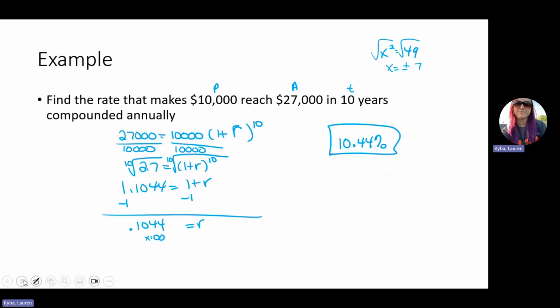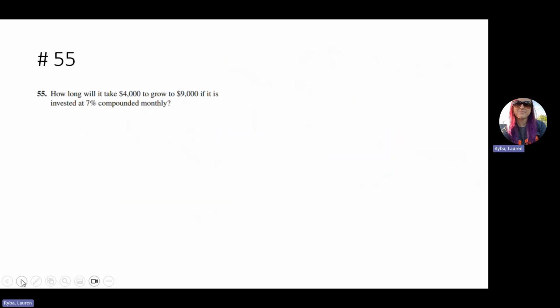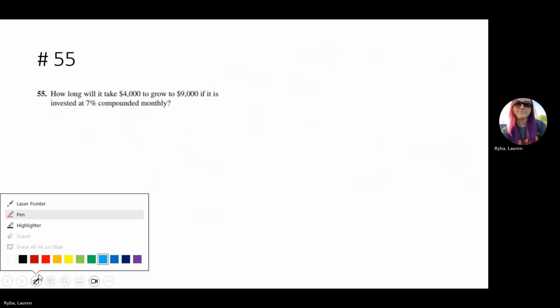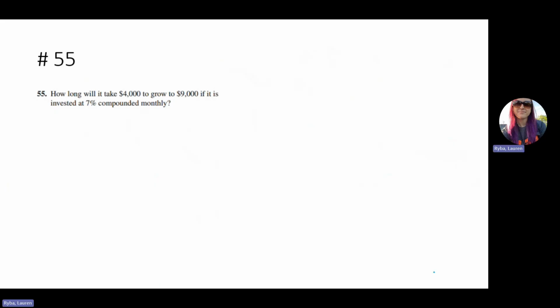Now comes the most difficult one when you are asked to find t. How long, t, will it take 4,000 to grow to 9,000 if it is invested at 7% compounded monthly? So P is 4,000, A is 9,000, my R is 7%, monthly is 12.